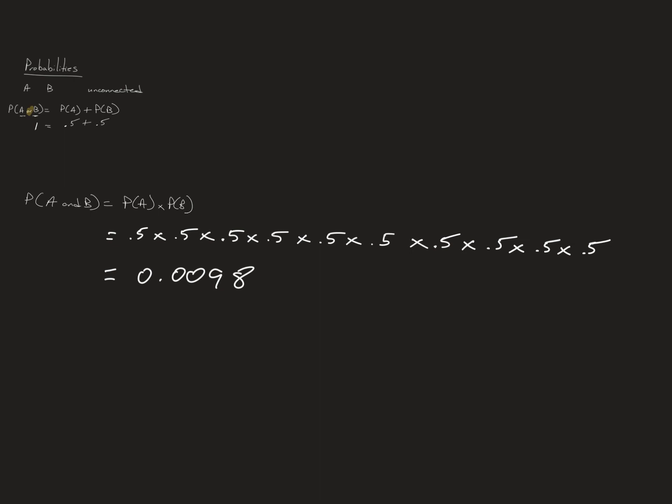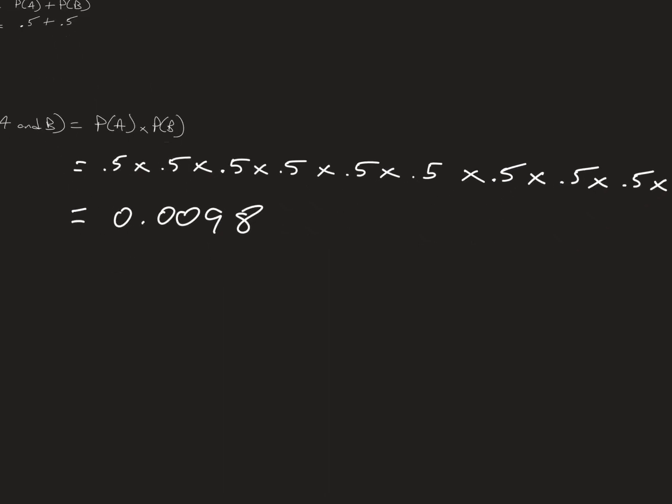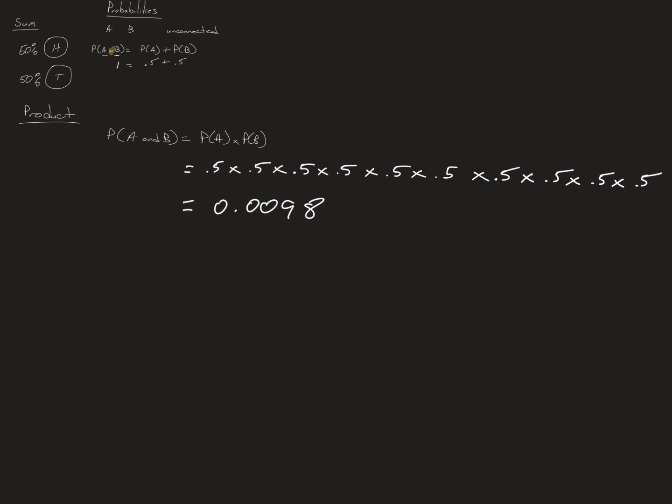So the probability of getting this many heads in a row is 98 out of 10,000. You'll get 10 heads in a row 98 times out of 10,000 attempts. So it's not very likely.